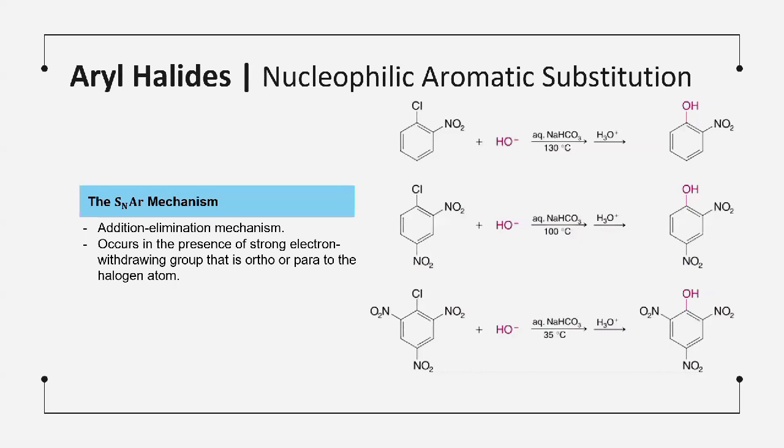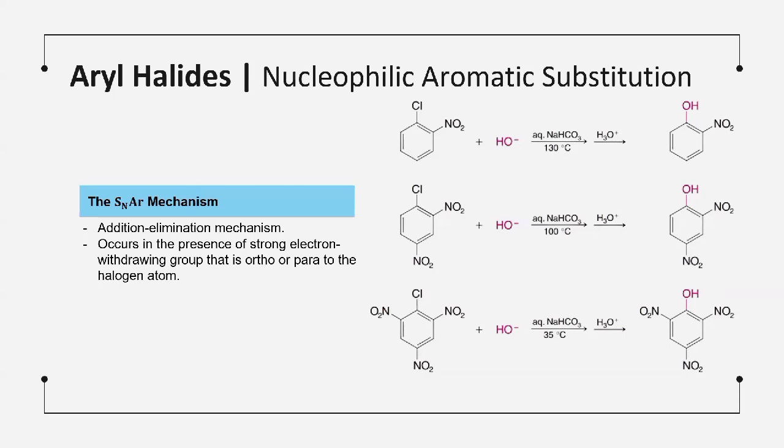Yun. So, as we can see sa tatlong example natin, an increasing number of strong electron-withdrawing groups on the ortho and para positions reduces, in this case, the temperature at which the reaction occurs, since less and less energy is required for the reaction to proceed.